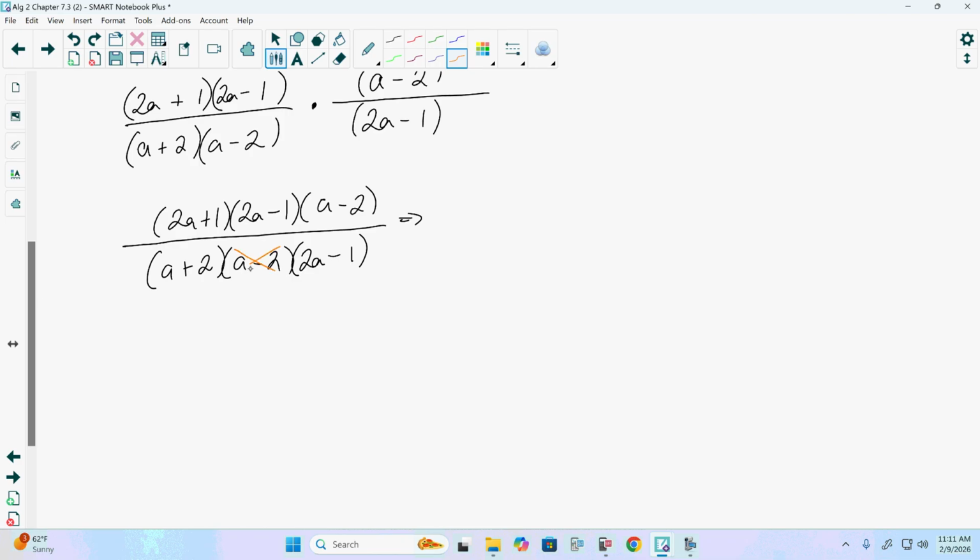Interestingly enough, there's only one term. Well, two sets of terms on top and bottom. We have a minus 2 over a minus 2. We also have 2a minus 1 and 2a minus 1, leaving us with 2a plus 1 over a plus 2. And that's it.